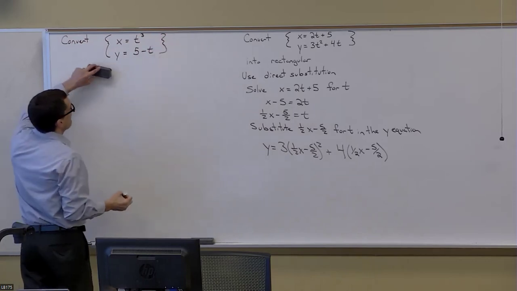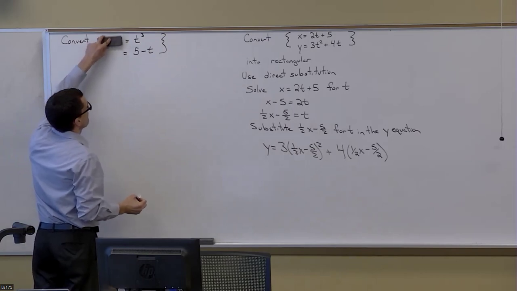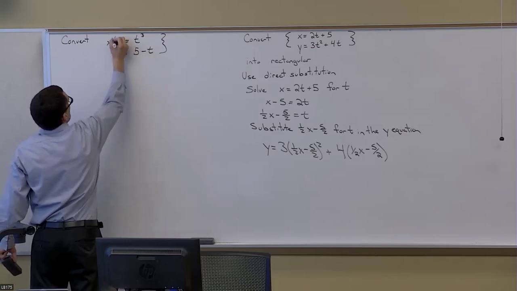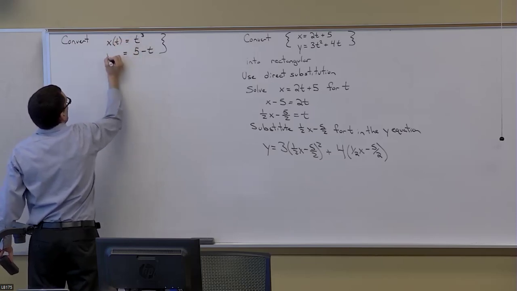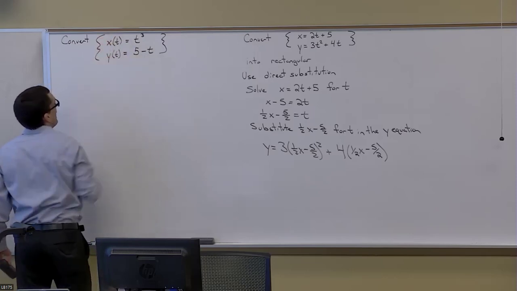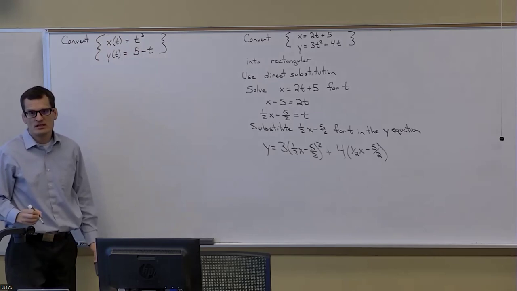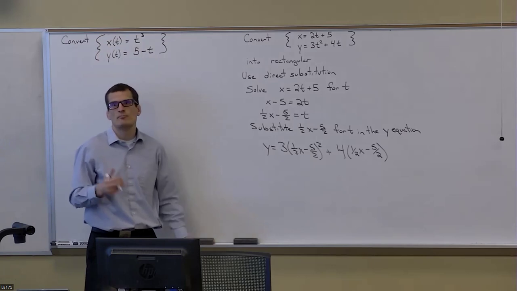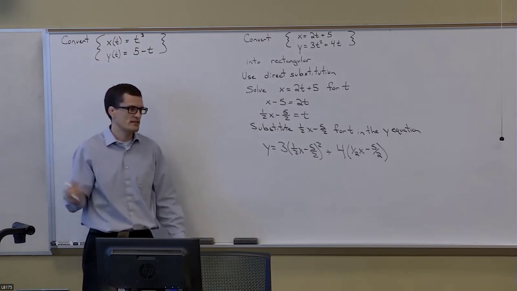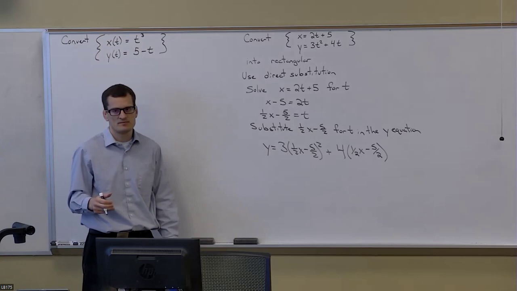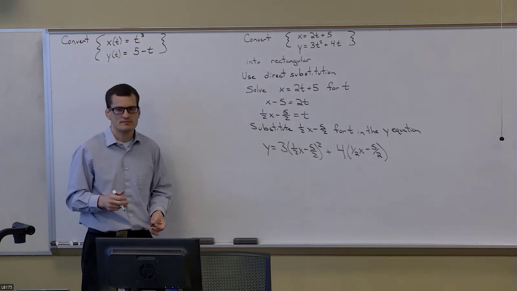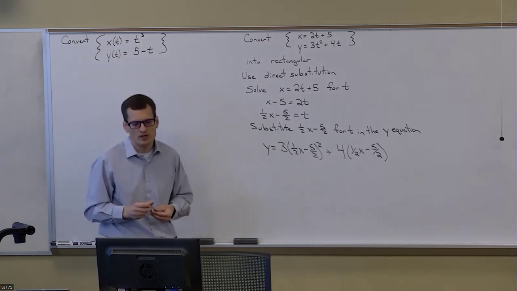And by the way, oftentimes in the book or in the notes, instead of just saying x equals this, they'll put x of t and y of t rather than just x equals and y equals. So they're indicating that x is determined by a function of t. Does that make sense? So that's it. Go ahead and try this one on your own.